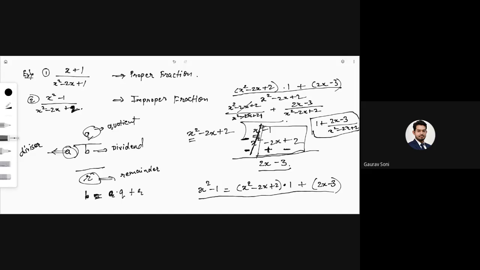Wherever you encounter an improper fraction, in the whole of our syllabus, you first have to convert it to proper. How we did it: we divided it, used the division algorithm, then in the place of the dividend I put the value and separated the denominator.